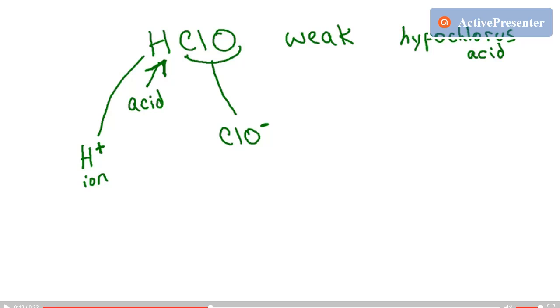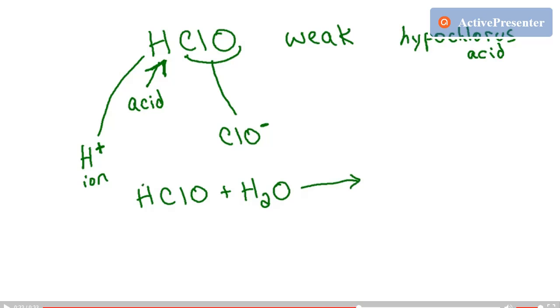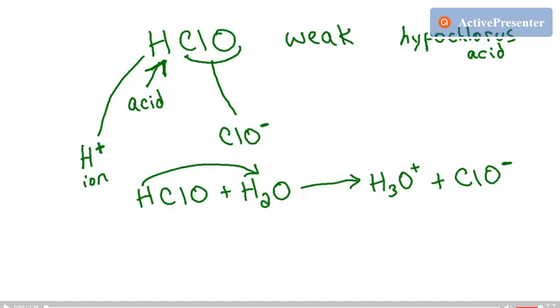But when you go to add them to water, what happens is, okay, this H joins the water and it turns into H3O plus, and then you end up having the hypochlorite ion left over. But these guys don't like to be on their own.